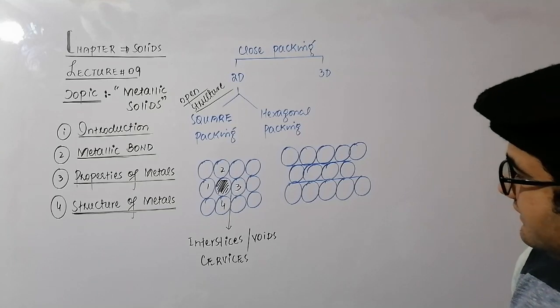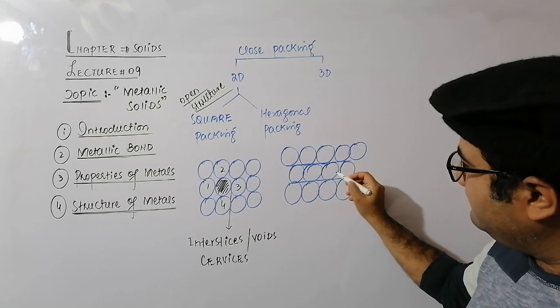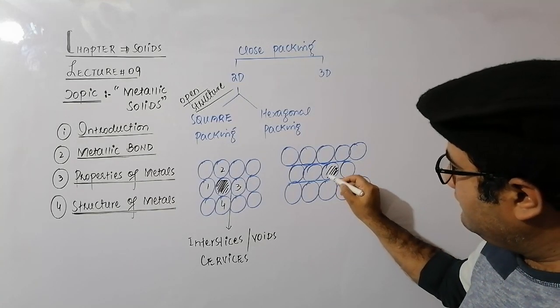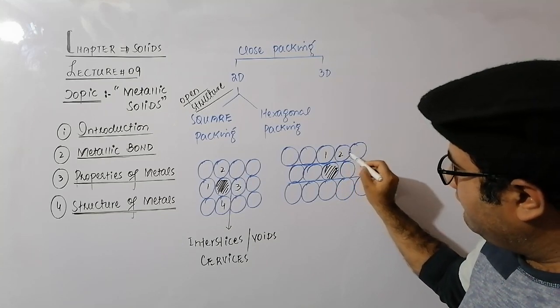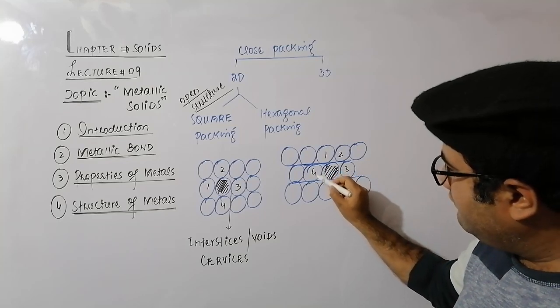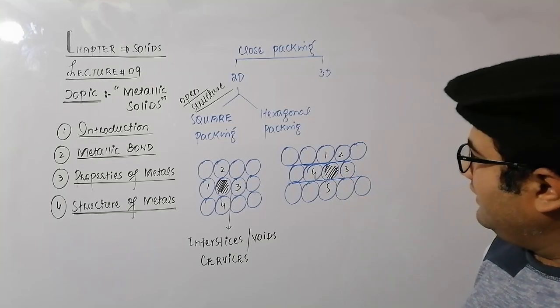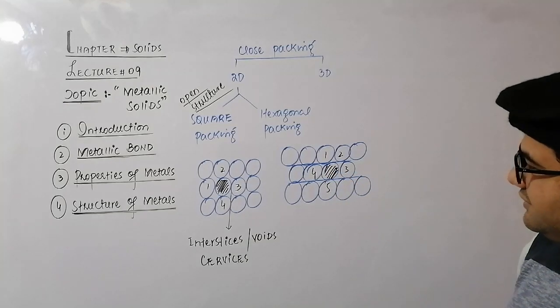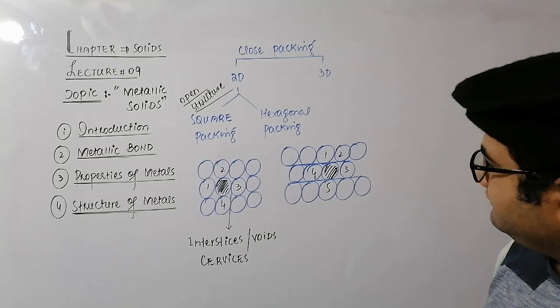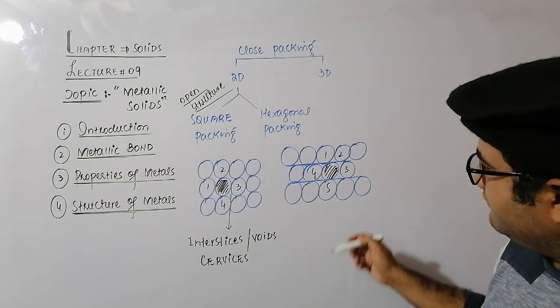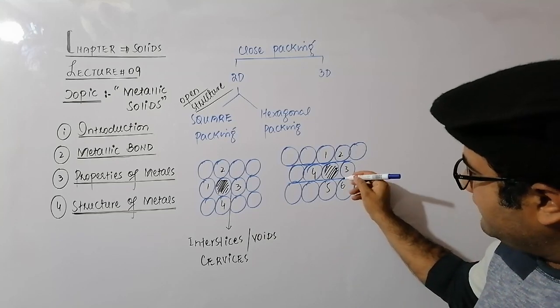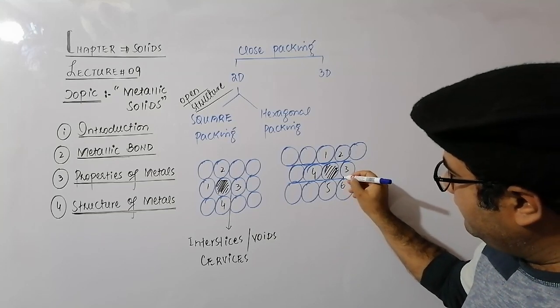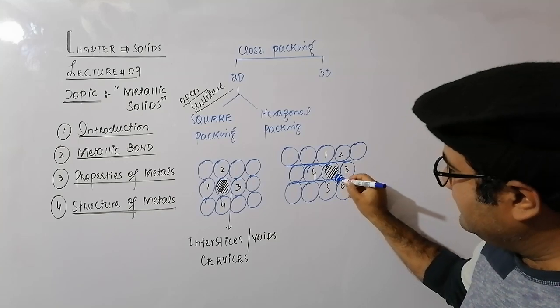Now in this case, how many atoms touch an atom? Actually, a total of 6 atoms touch this central atom. This one is the 6th one, because I'm drawing it with my hand, so this also touches this.